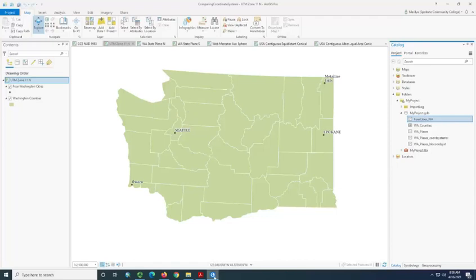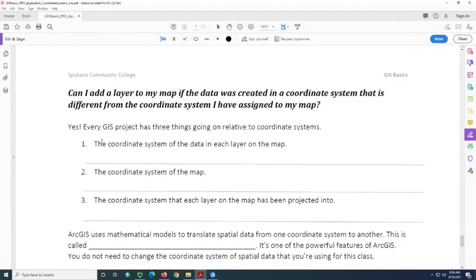Okay, so let's take a look at our notes again. The coordinate system of the data, each layer on the map.